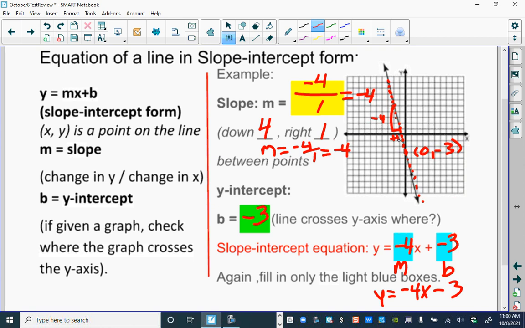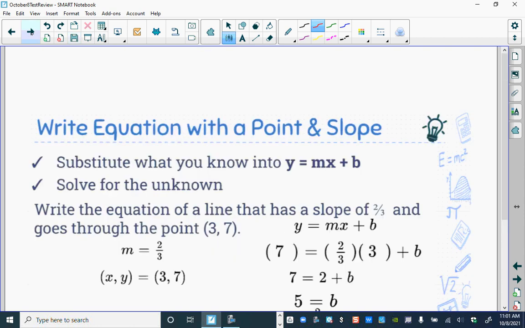All right, now, a couple things I want to do during the next few minutes. This is more like memory lane. We recently did these types of problems from earlier in the week. You're going to get a slope and a point.